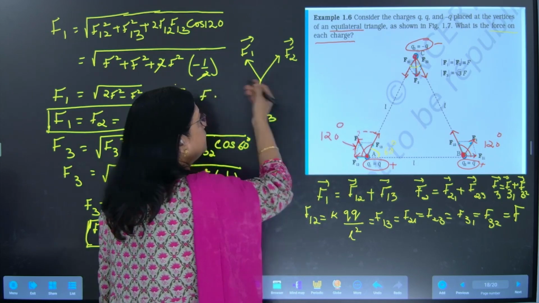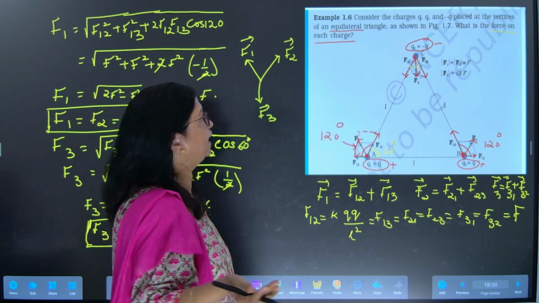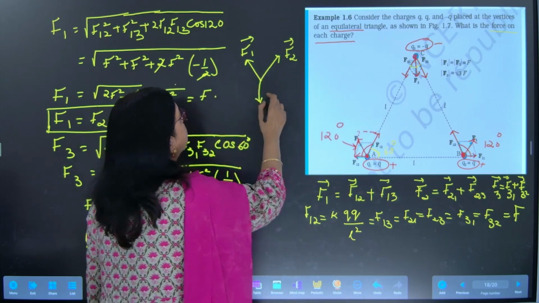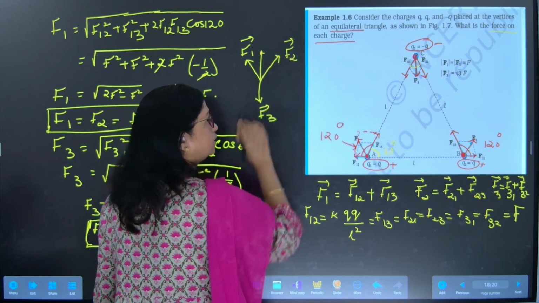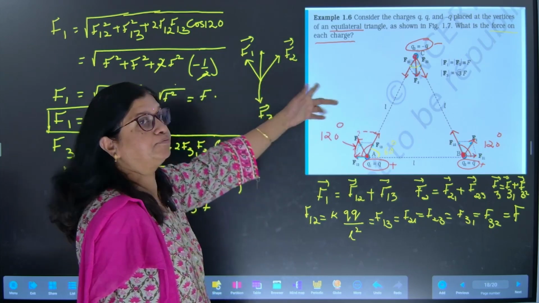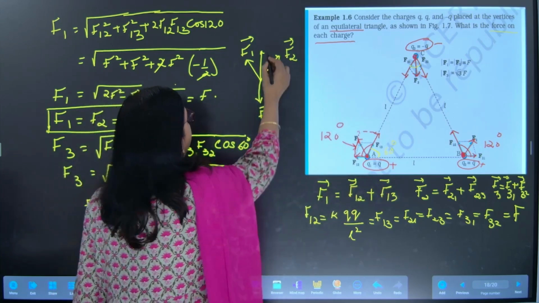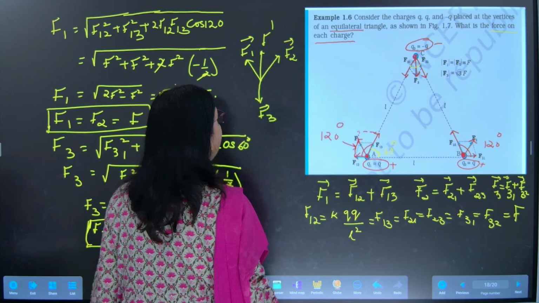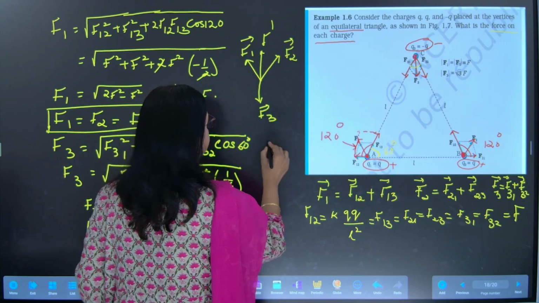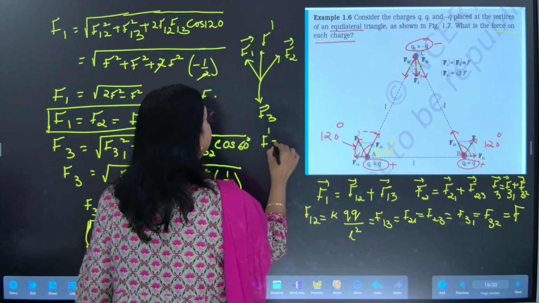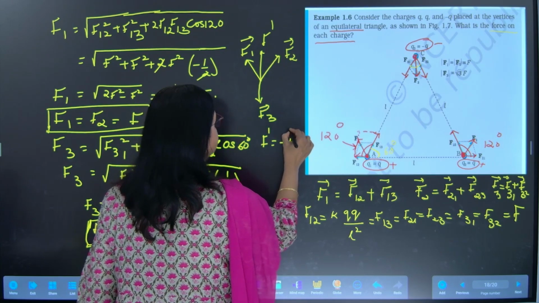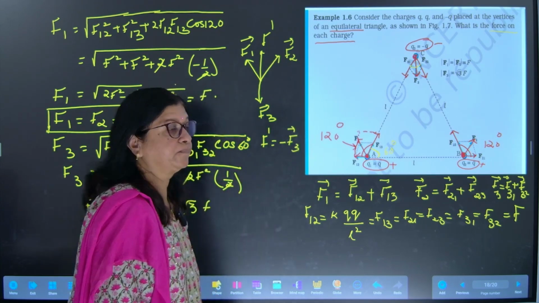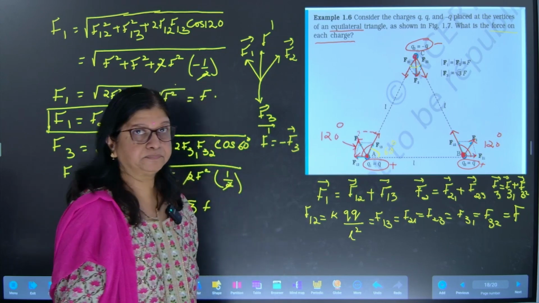So again, by the parallelogram law, I can find out the resultant of F1 and F2, which is the diagonal of the parallelogram formed with F1 and F2 as their sides. As you can see, I can get one F dash, and F dash will be equal in magnitude and opposite in direction compared to F1.